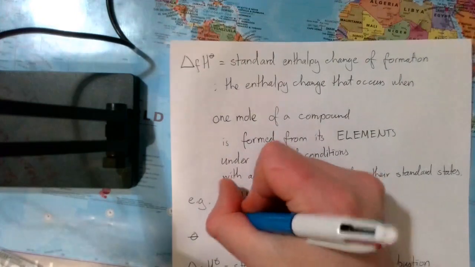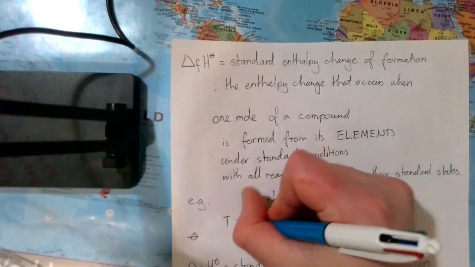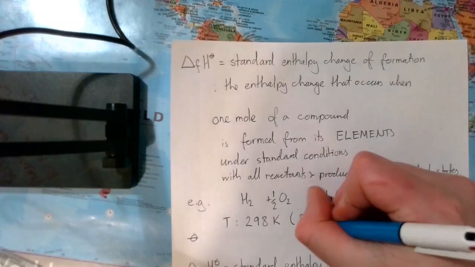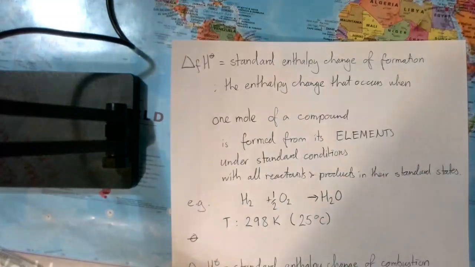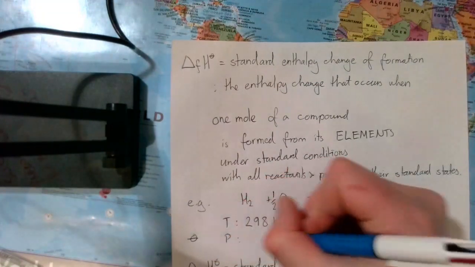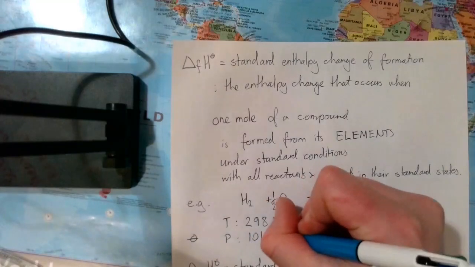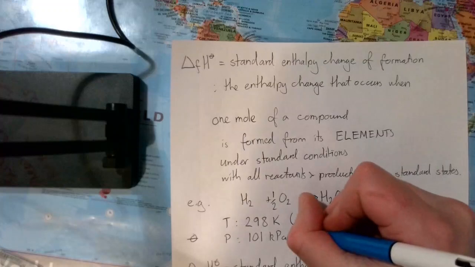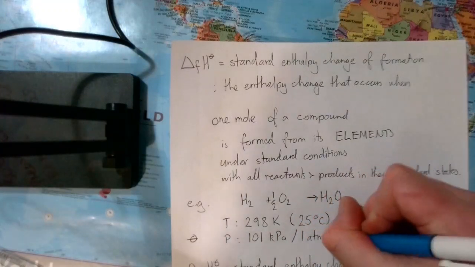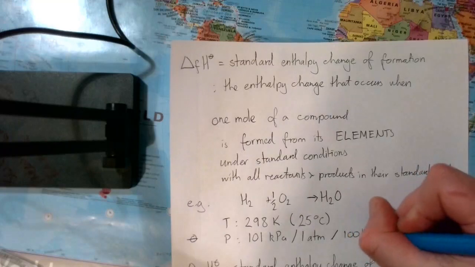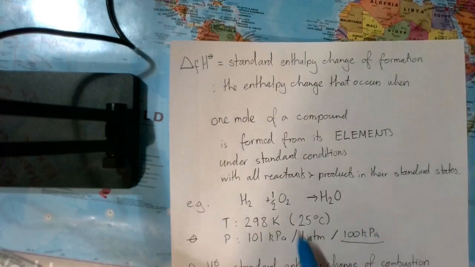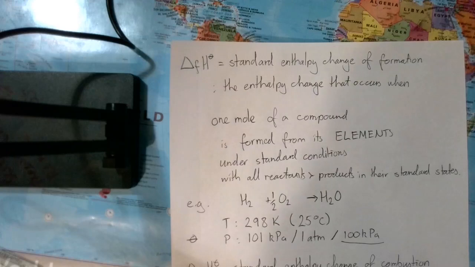So the standard temperature that's given is 298 kelvins, which is the same as 25 degrees Celsius. And then the pressure is 101 kilopascals, which is 1 atmosphere. Technically, we really should say 100 kilopascals, but all 3 of these get accepted. Pick one.